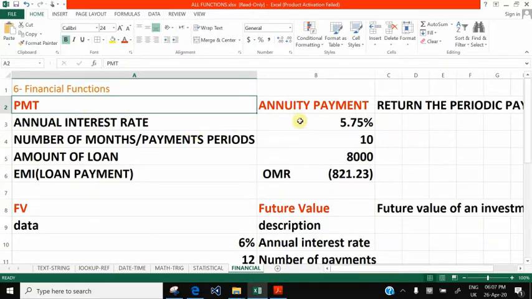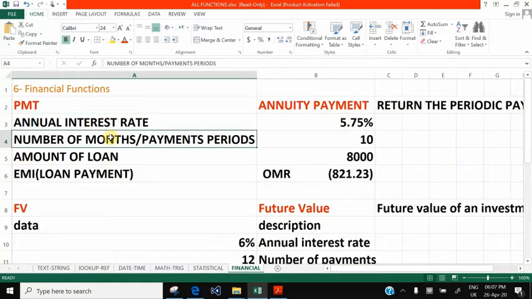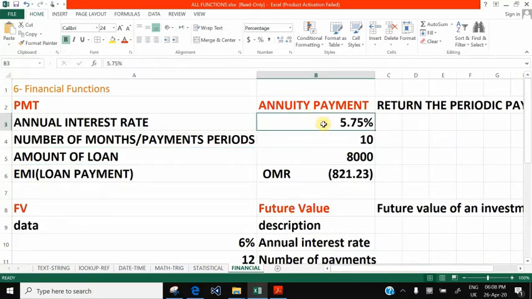In PMT we have three things that should be known: the annual interest rate, the number of monthly payments, and the amount of the loan. So the annual interest rate here is 5.75%, for example, the number of months for payment is 10 months, and the amount of the loan is 8,000.